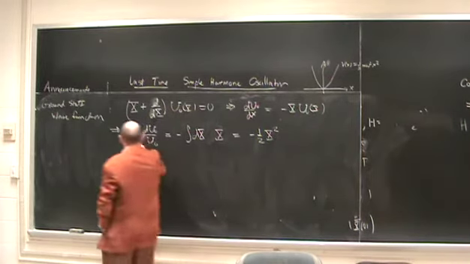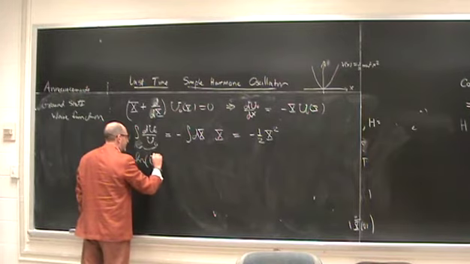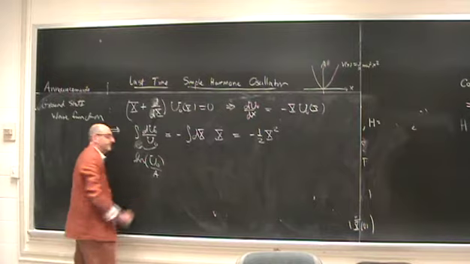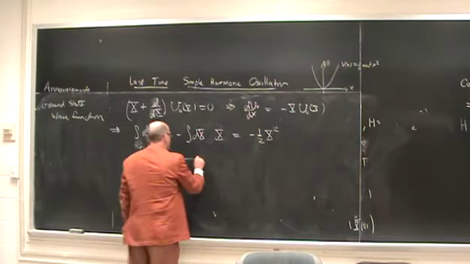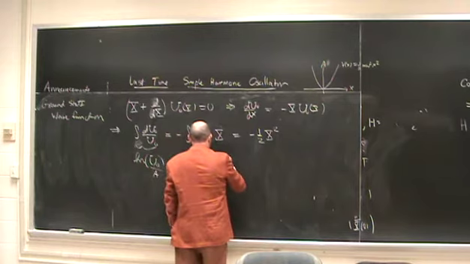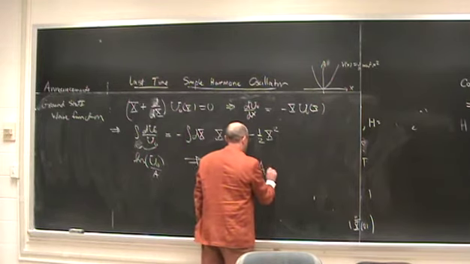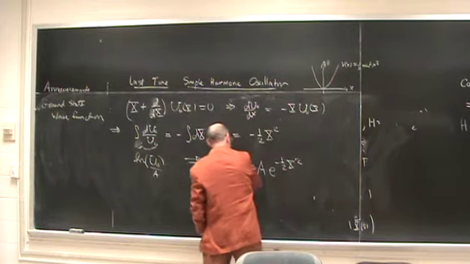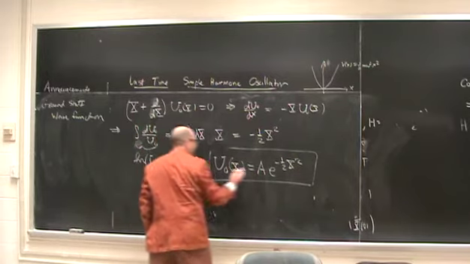And this is the natural log of u naught divided by some constant, call it a. So we have the solution. The ground state wave function is of this form. Let me just call this some constant c.